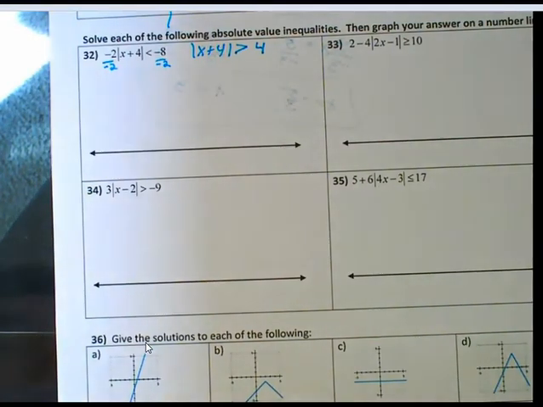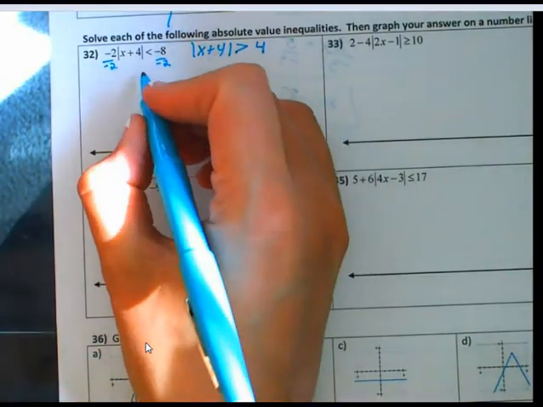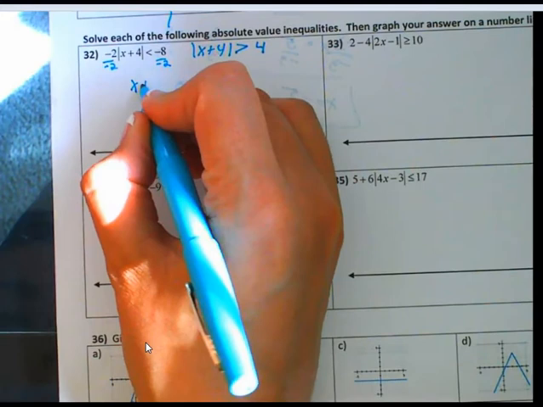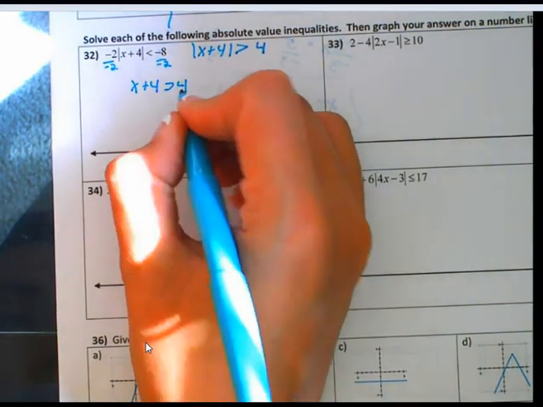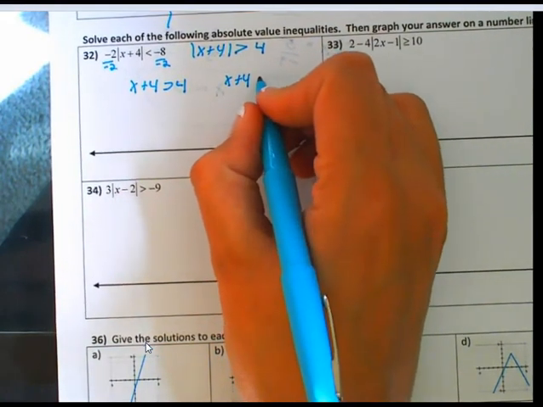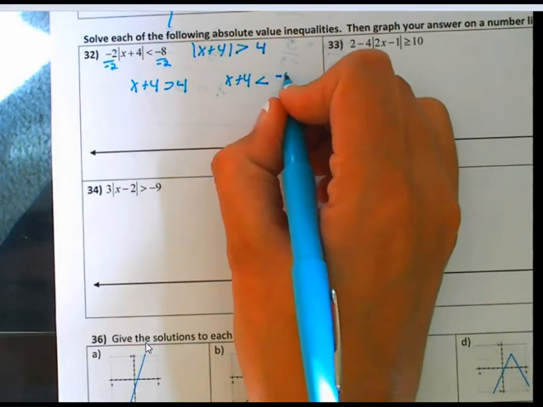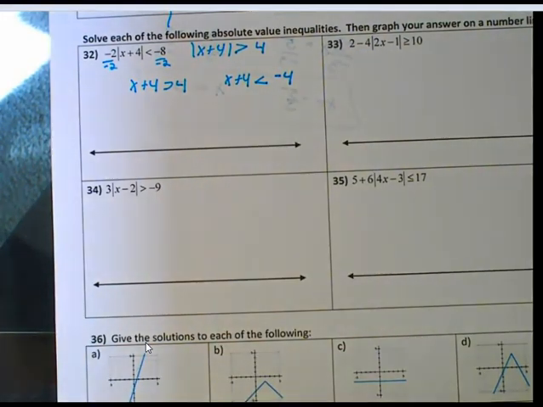Absolute value is greater than a positive number. That seems reasonable. So now we're going to set up our two inequalities. We have x plus 4 is greater than 4, and then x plus 4, and here's the extra step, is less than negative 4. You've got to switch the sign when you set it up equal to that negative. Now we're just going to solve.